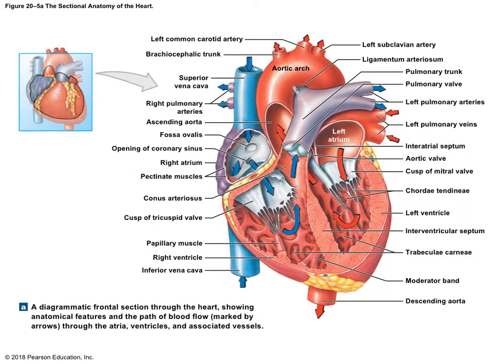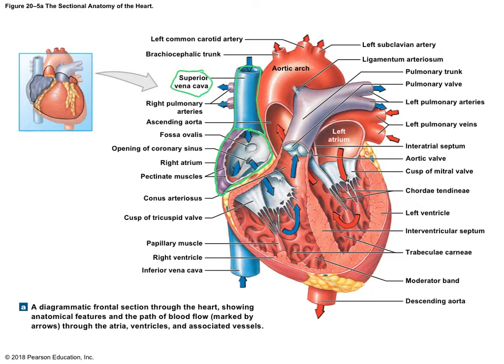So now we're going to take a look at the inside of the heart, and we'll start with the right atrium. So here's the right atrium, right here. And there are 2 major blood vessels that are draining blood into the right atrium. The blood vessel on top, which we've already said, that is the superior vena cava.